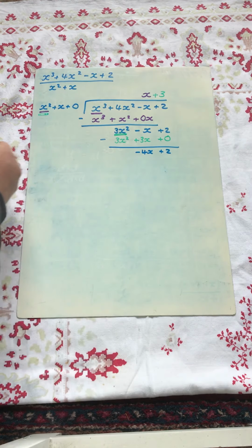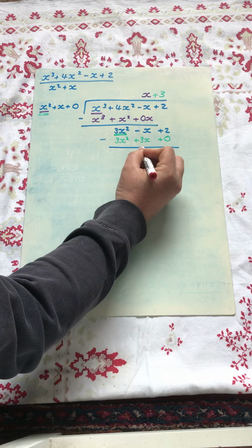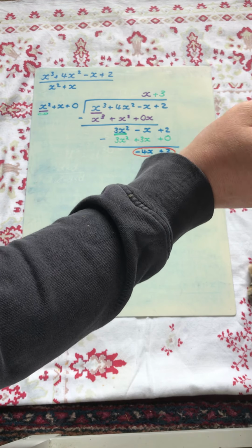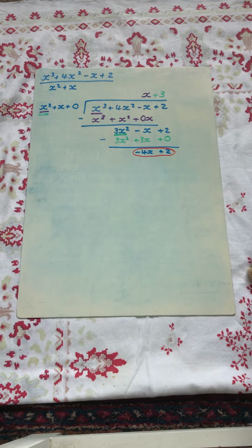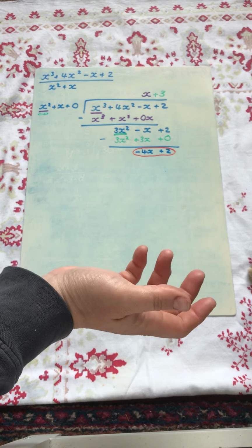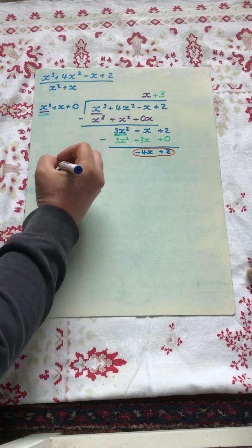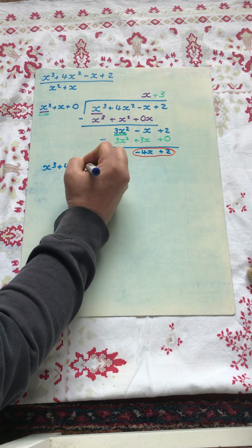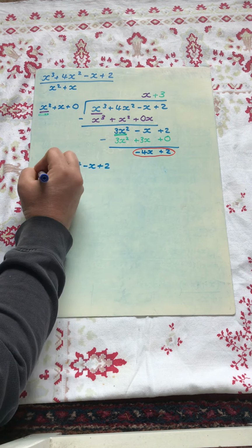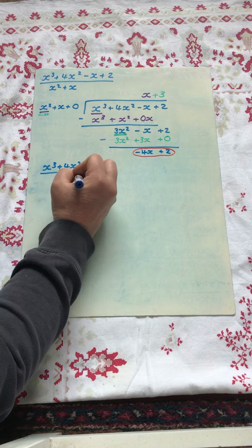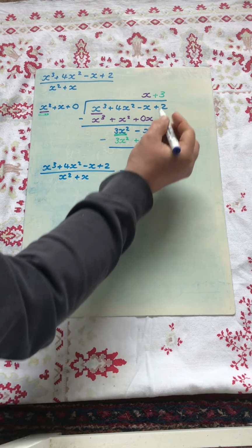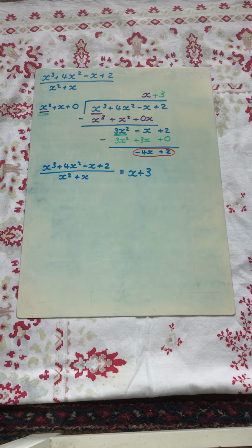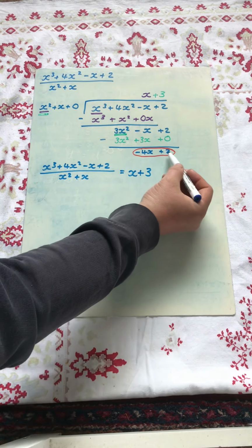This is my remainder. So this bit will stay in the fraction. The bit on the top is essentially our whole number part. So rewriting this fraction, x cubed plus 4x squared, take away x plus 2 over x squared plus x is this x plus 3. That's our whole number part. This bit is our remainder.